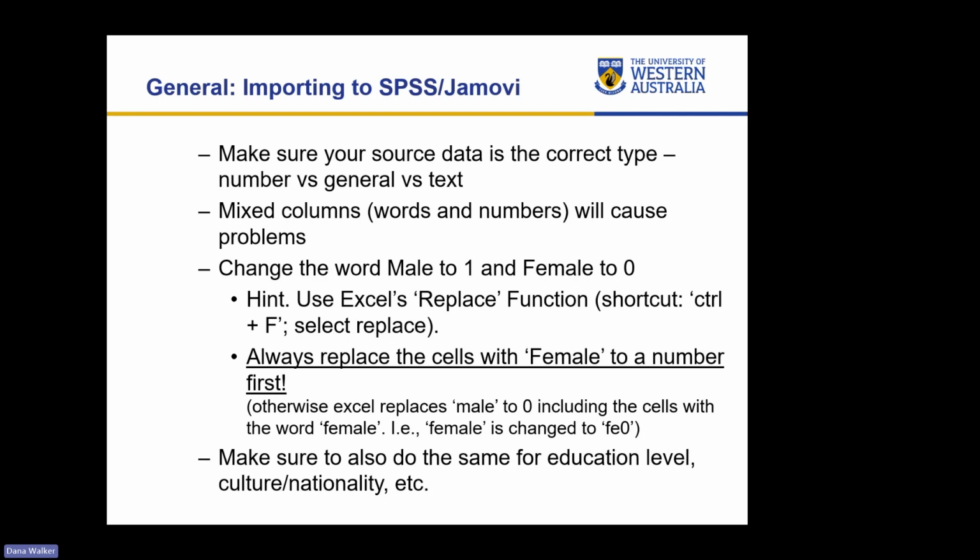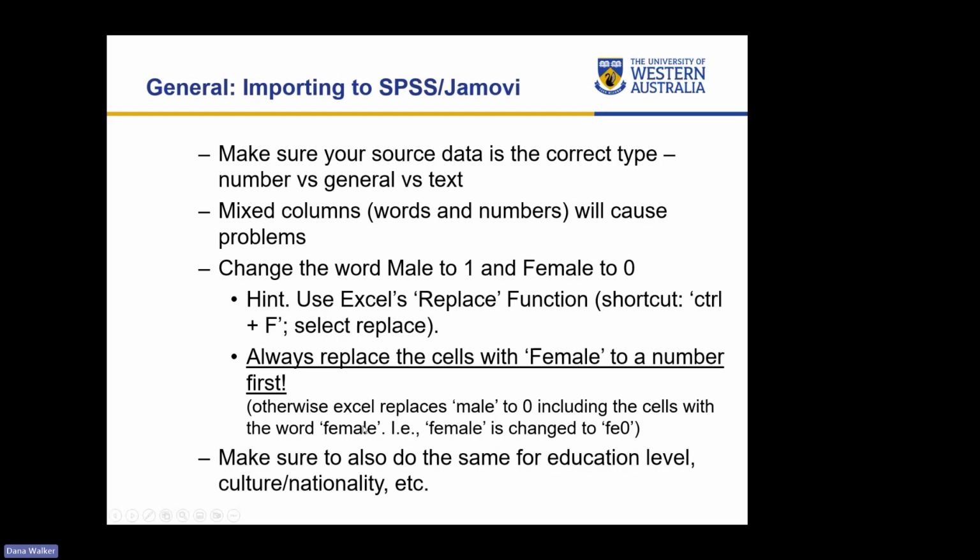And then you are going to have to tell it, okay, FE0 is actually going to be 1, for example. So just remember that the word male appears in the word female and Excel can't tell the difference between that. So make sure you change female first, because then that's out of the way, and then all that's left is male in the spreadsheet and it will change it.